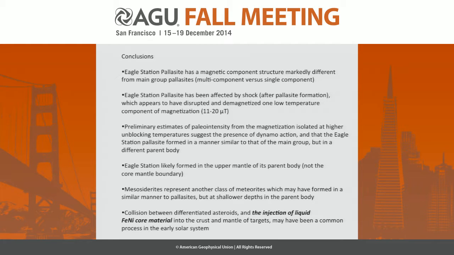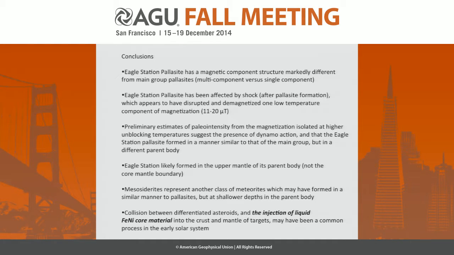So, summarizing everything together, and this is building on what we just heard, in Eagle Station pallasite, we have a multiple component signature of magnetization, and while the low temperature component may have been affected by shock and records a fairly low value, this higher temperature interval suggests it was acquired in the presence of a dynamo. And we are arguing that the Eagle Station pallasite formed in a manner similar to the main group, but, I'm going to stress again, comes from a different parent body.